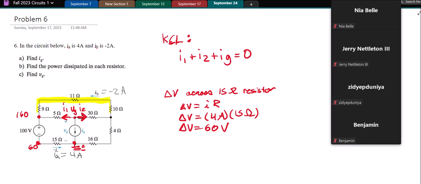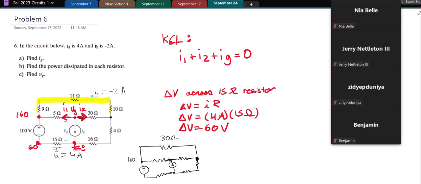So I could say that this top branch, since these three resistors are in series, is equivalent to a 130 ohm resistor.